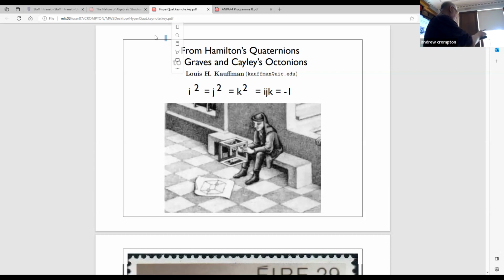Because you can say, well, what is it that I'm actually needing in order to do this? So if I had a system that was like the one with 3, but I didn't know that it was that, I just had some way of multiplying x times y. I have some way of multiplying elements.